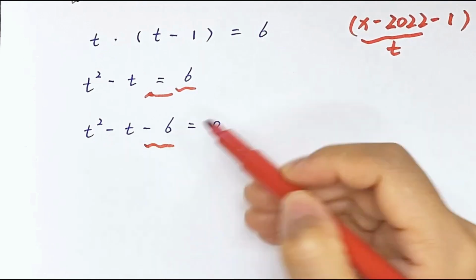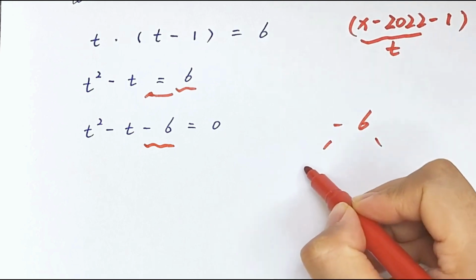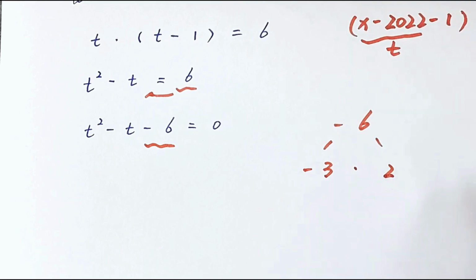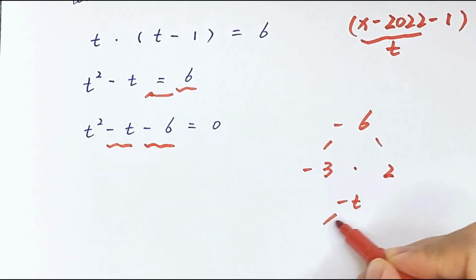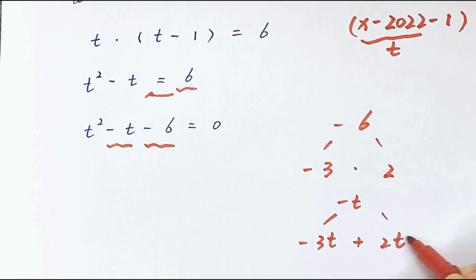Then negative 6 is the same as negative 3 times 2, and negative t is the same as negative 3t plus 2t.